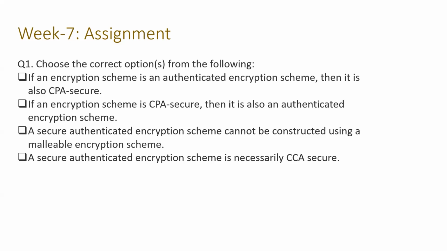The next option says if an encryption scheme is CPA secure, then it is also an authenticated encryption scheme. We cannot say that, because CCA security is a more advanced concept than CPA security. CPA security does not necessarily mean CCA security, and neither does it mean ciphertext integrity. So the second option, of course, is not correct.